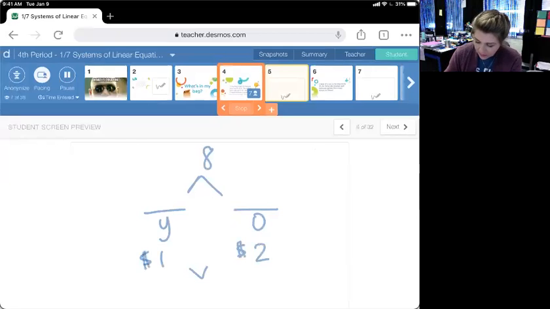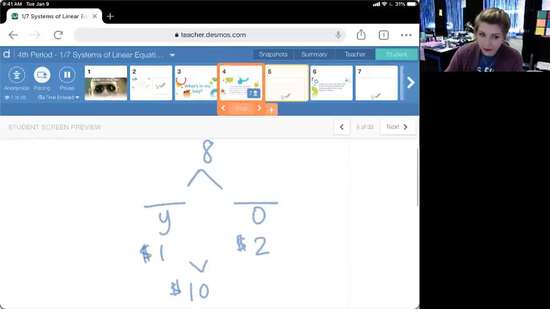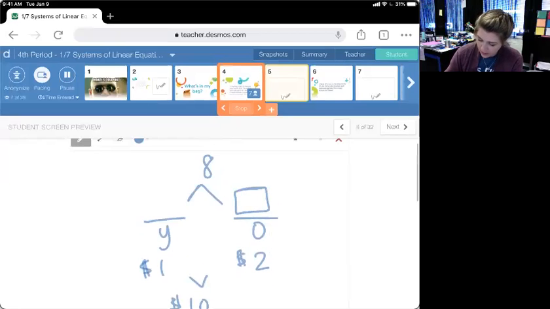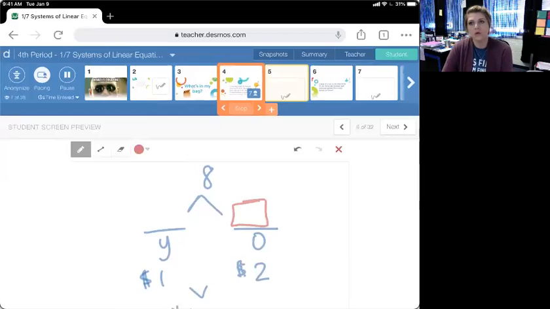The total sum of those is going to be my $10. So your job is to figure out how many orange coins I'm going to have.